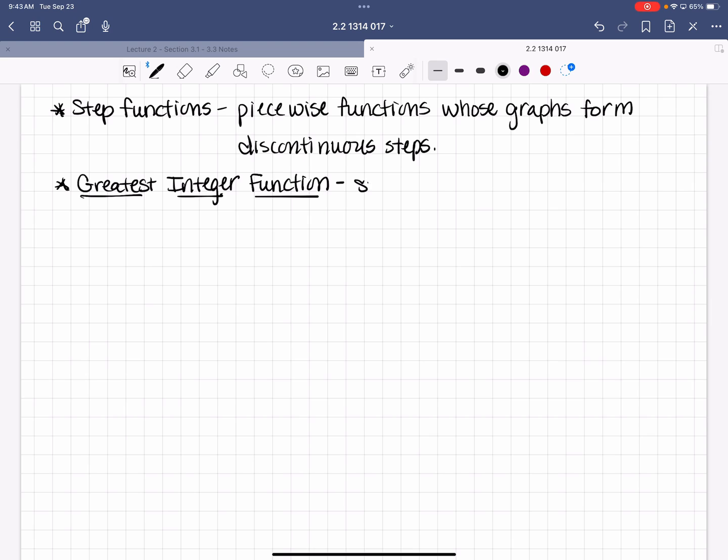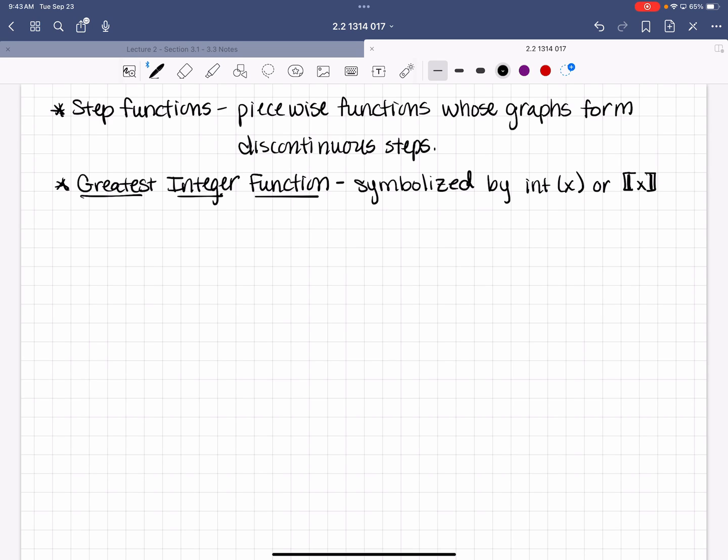They are symbolized, and I'll show you a graph in a second, by int of x, or you will see these double bracketed.